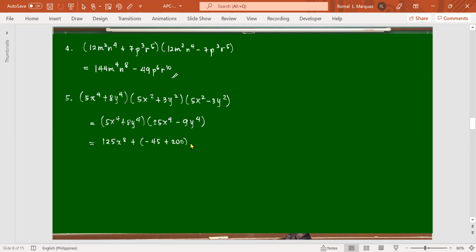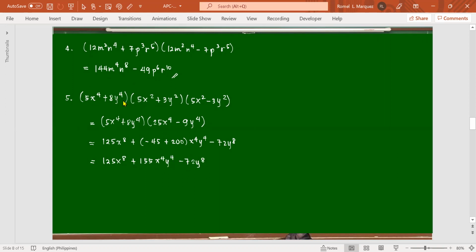What is the common literal part? x to the fourth y to the fourth. Minus 72 y to the 8. Finally, 125 x to the 8 plus 155 x to the fourth y to the fourth, minus 72 y to the 8.